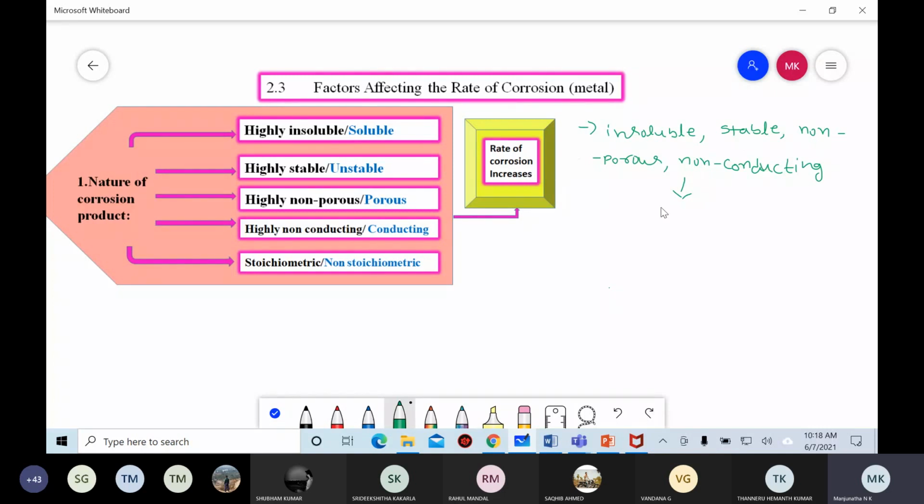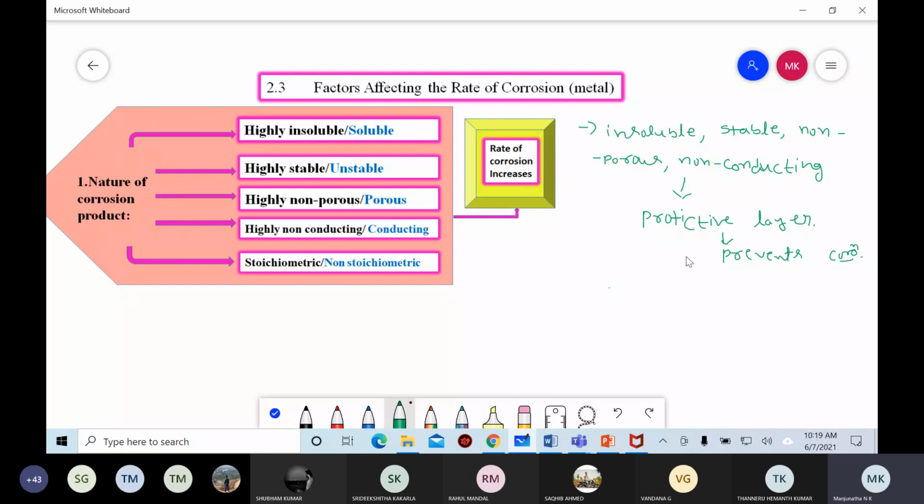That oxide layer acts as a protective film on the surface of the metal. Therefore, it prevents the corrosion at that level only.